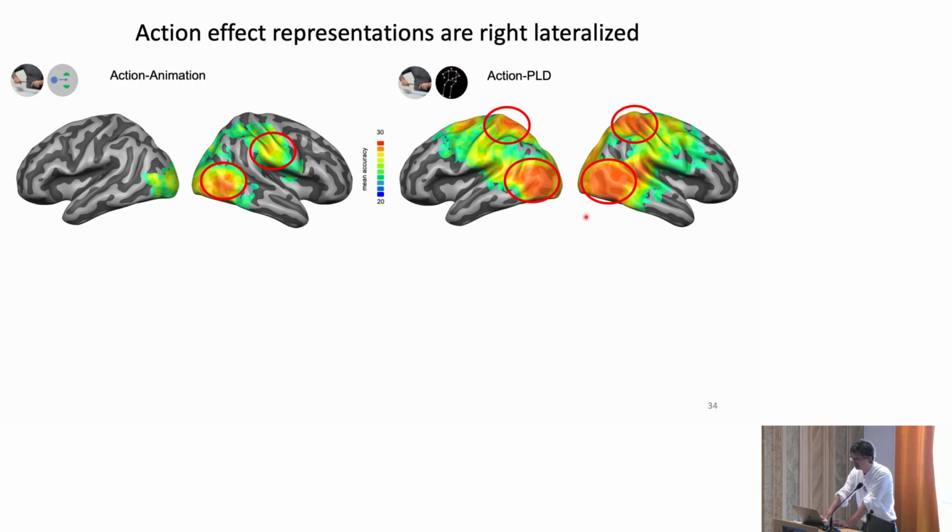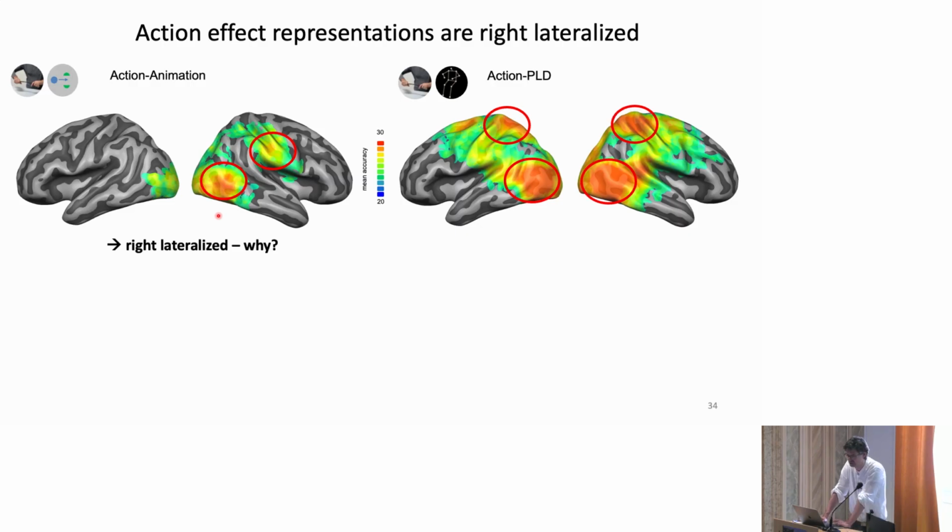Now, interestingly, action effects appear also to be represented in the LOTC. And both in AIPL and LOTC, the effects are stronger in the right hemisphere. So why are they right lateralized?